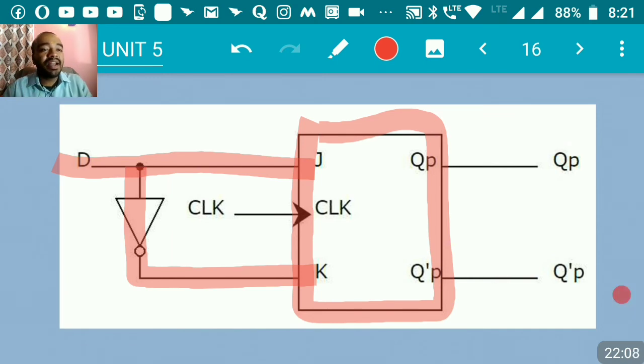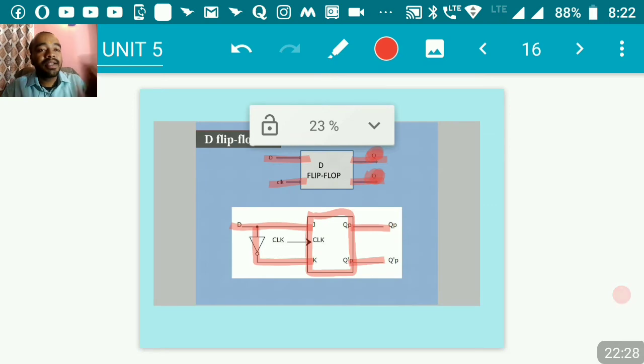Everything else is the same as your JK flip flop. Q is going to be Q and Q bar is going to be Q bar. This is the construction of a D flip flop. A JK flip flop is converted into a D flip flop this way. Once we make these connections, it converts into a D flip flop or delay flip flop. So this is the logic diagram.